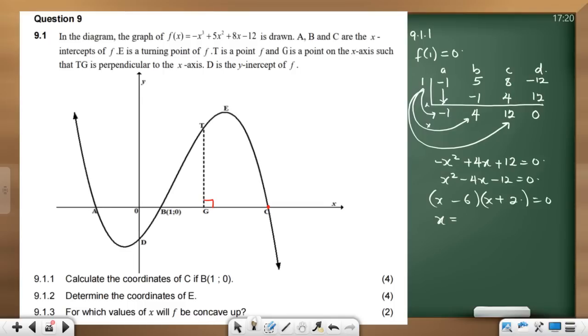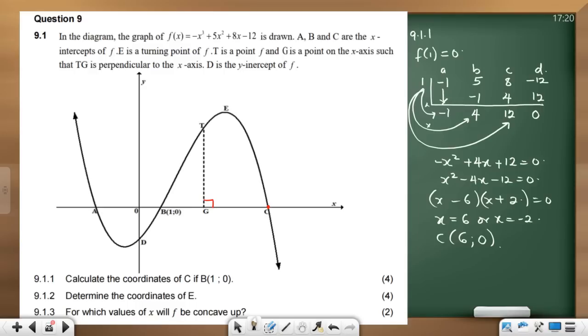So x is equal to 6, or 2, and you must just check your graph. Which one is C? It's the 6. It's far on the right hand side. I'm done. And if you want to use the algebra method where you compare coefficients, do what you are comfortable with. But make sure you go into the exam with one method that you are completely comfortable and sure of.